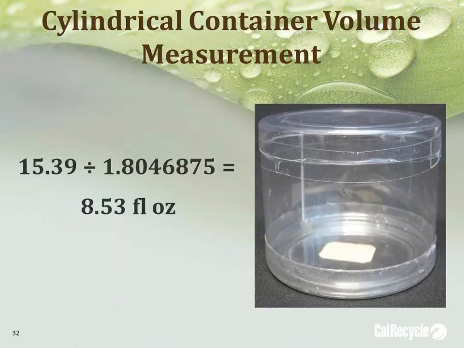Now convert 15.39 cubic inches into ounces. Using our formula again, 15.39 cubic inches divided by 1.8046875 equals 8.53 fluid ounces. This container would meet the volume requirements of an RPPC.